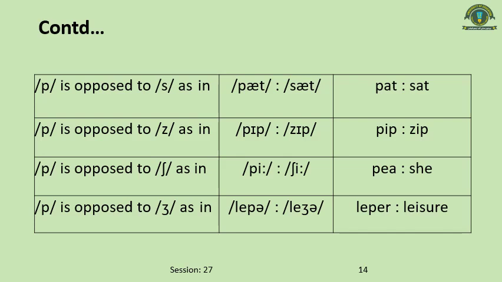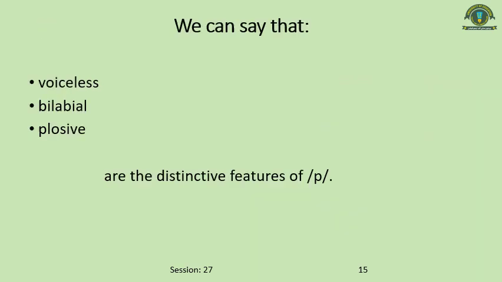Le, a, p, leper. Le, a, zh, leisure. The spellings are L-E-P-E-R, leper, and L-E-I-S-U-R-E, leisure.